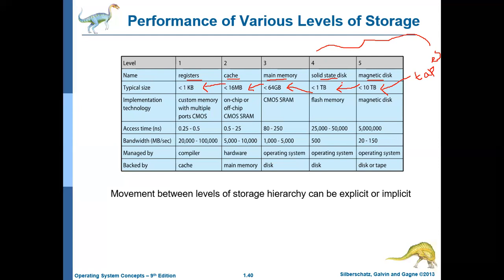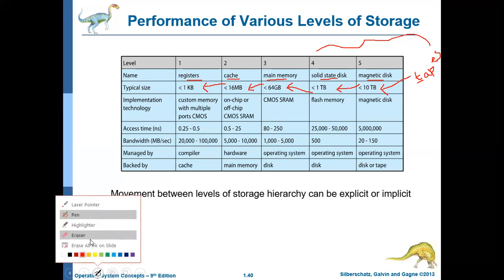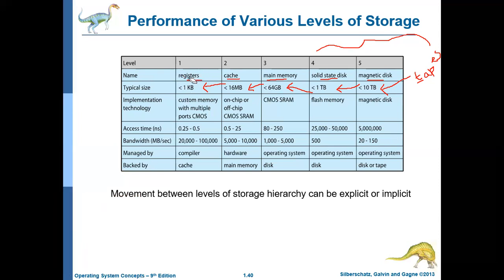So in this context, we can say that magnetic disks act as a cache memory for tapes, solid state disk acts as a cache memory for magnetic disk, main memory acts as a cache memory for solid state disk, cache memory is a cache memory for main memory, and registers act as a cache memory for the cache memory. So there are several levels of cache available. This is one view of cache memory.